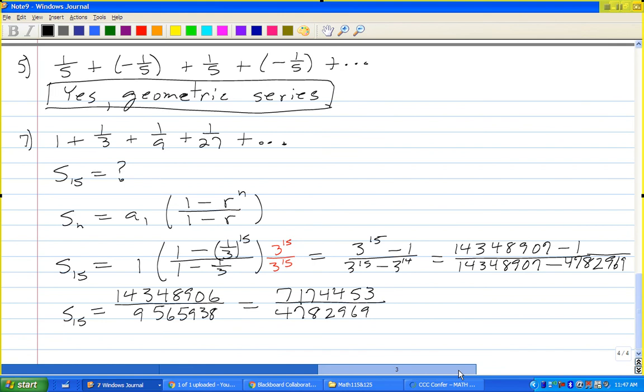What I'm doing is just calculating numbers. There's 3 to the 15, I subtracted 1. I do 3 to the 14, subtract 3 to the 15. And now I have a fraction, so I'm trying to reduce the fraction. That's all I'm doing at this moment.